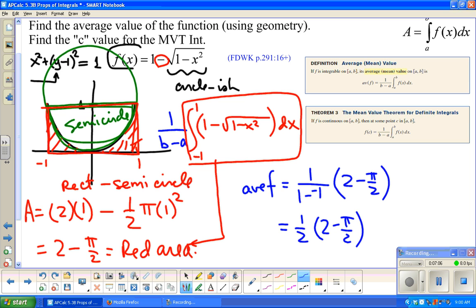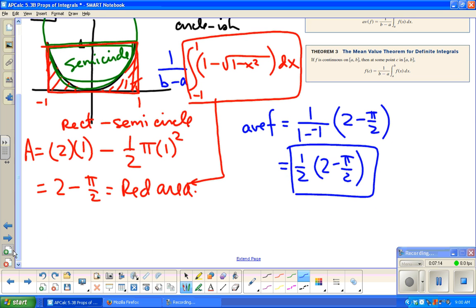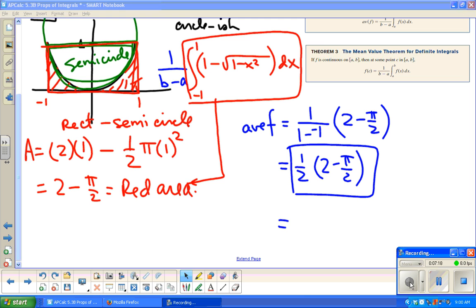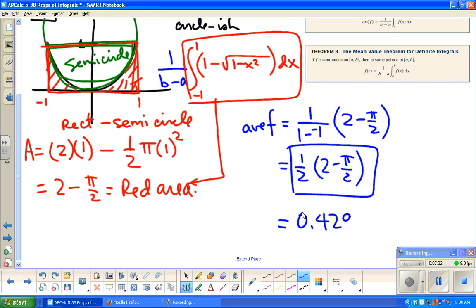If we're calling this part A of the problem, then this is the answer to part A. If we were supposed to round it, then we would type that in the calculator and we would get 0.4292 and so on. So if you're saying 3 decimal places, then here it is. Okay, that is part A, or the first part of this question.